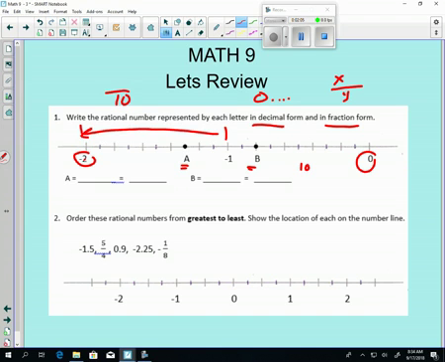So let's start with number A. We have -1. So this is going to be -1 and 1/10, -1 and 2/10, -1 and 3/10. So A will equal -1 and 3/10. We'll convert it to a decimal in a second. Let's go back over here to find out what B is.